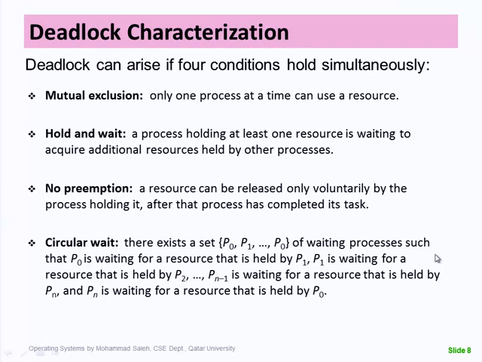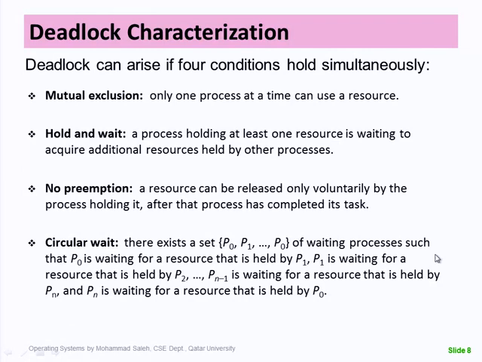If we have P0 holding resources and waiting for resources that are held by the next process, say P1, and P1 holding resources, as well as waiting for resources that are held by another process, say P2, and so on, until we reach the end where we find the last process, Pn minus 1, holding resources and waiting for resources that are held by P0.